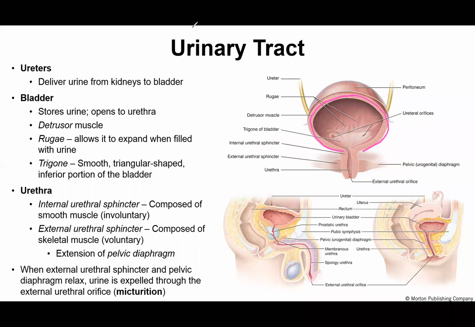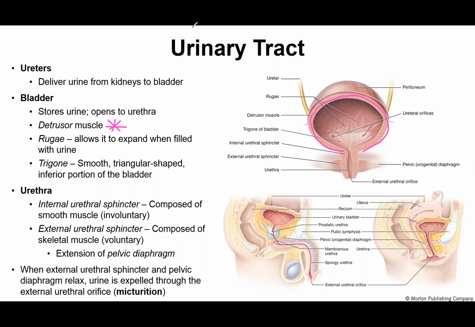This is the detrusor muscle. And this is important because whenever we urinate, the muscle itself is actually what's contracting. And so if you can imagine this muscle contracting, that's essentially what it's going to do is just make the bladder smaller, sort of like squeeze it like you're squeezing a stress ball.